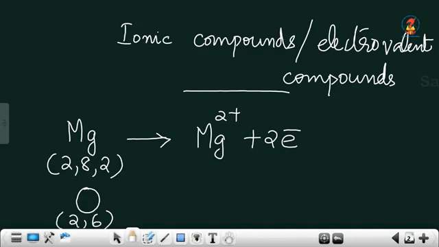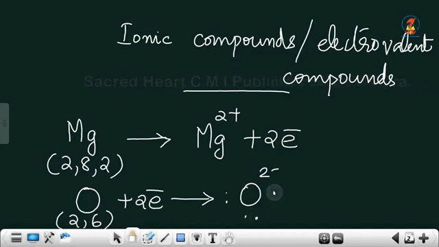After gaining 2 more electrons, oxygen will convert into O2-. So 2 more electrons are added to normal oxygen, and it completes its 8 electron configuration.